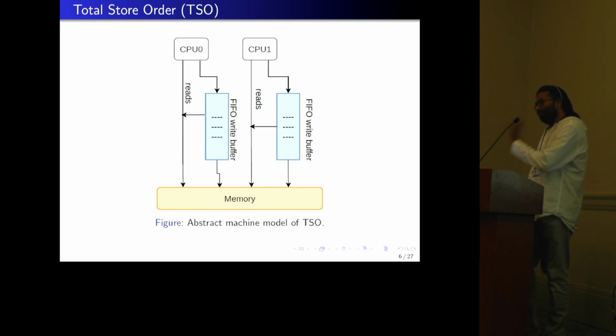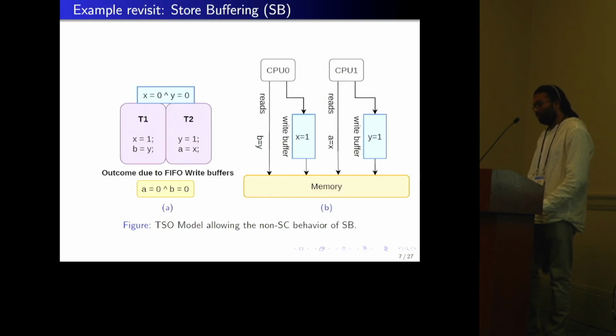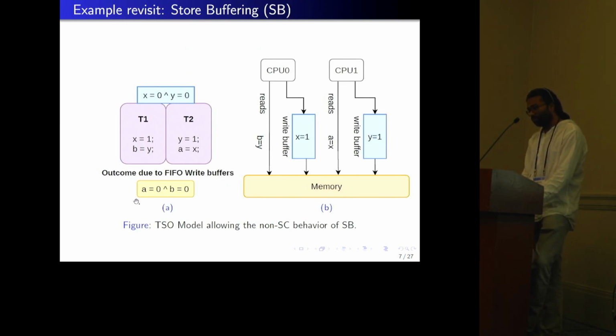If you look at the same program under TSO, the store buffering outcome, A as 0 and B as 0, is allowed. Why is that? Because if CPU 0 runs T1 and CPU 1 runs T2, they can just buffer their writes, and the subsequent reads can be taken from main memory because there is no update in the respective buffers for Y and X. So what do we know from this about weak memory models?